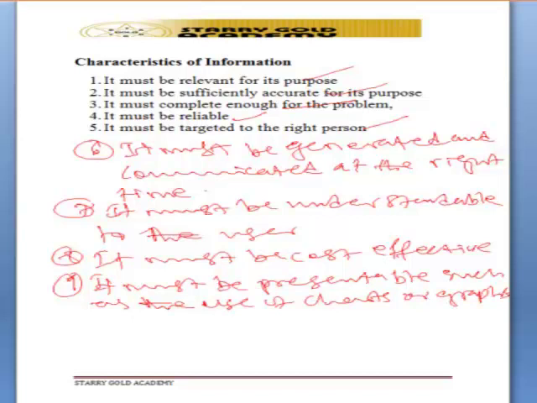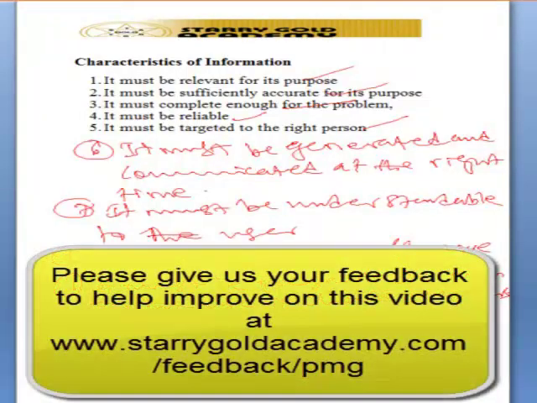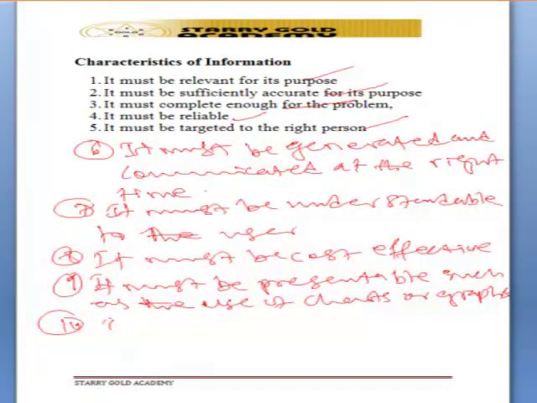It's just like when a sales rep writes a sales report. It will be better if that sales rep uses charts such as pie chart, histogram, graphs in order to explain the information better than writing stories which the executive will not even have time to read. Then the next one is that it must be available or accessible.